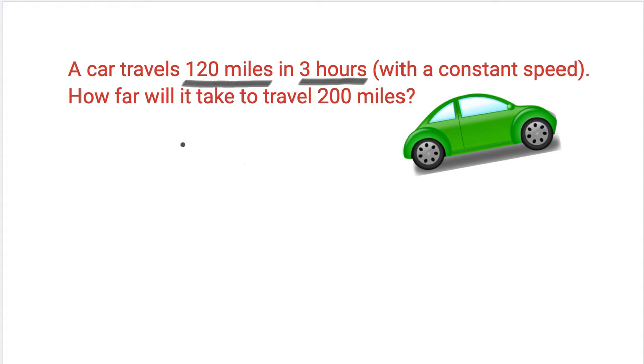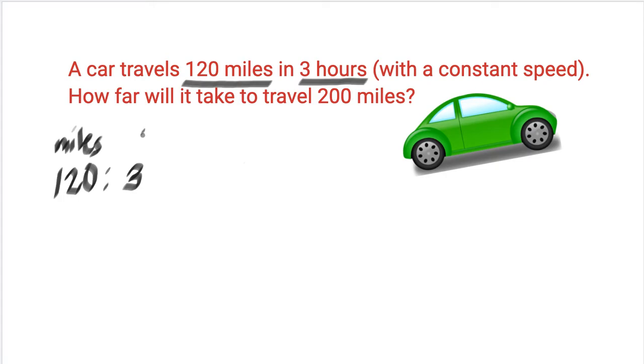Okay. So now in solving this problem, you need to identify the ratio here. The first ratio is 120 miles is to 3 hours. We'll just put miles and hours. Forgive me for my penmanship.